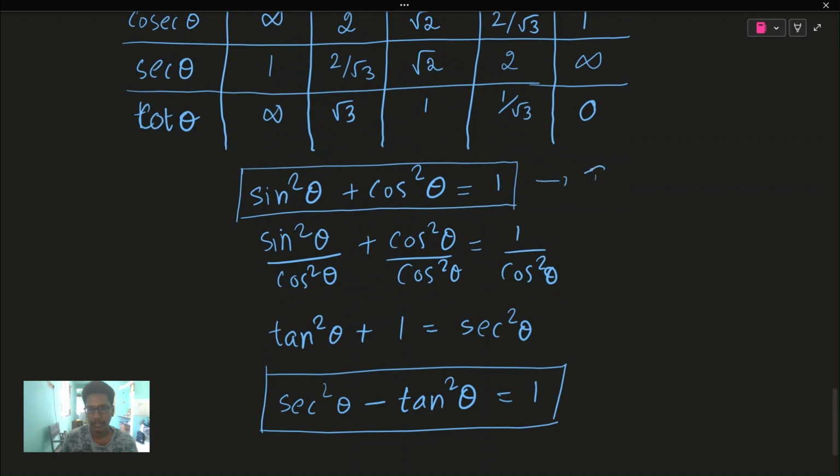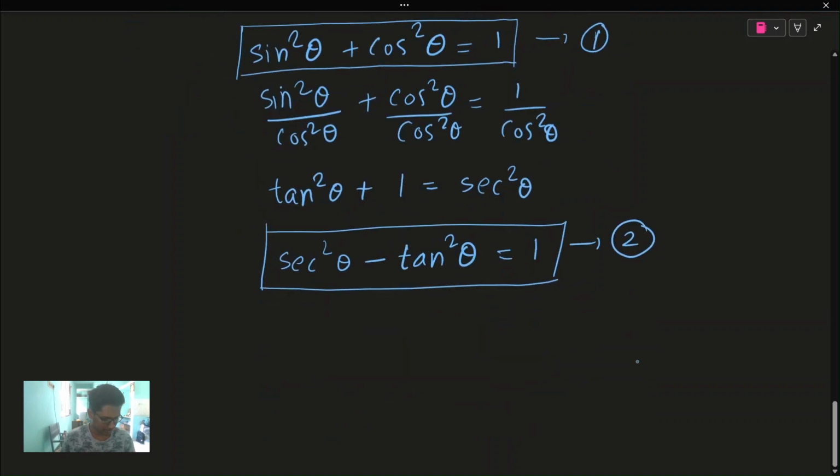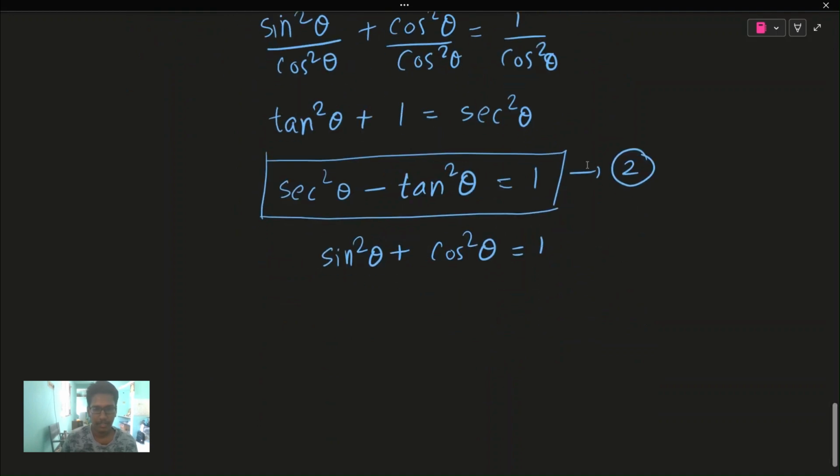Let's put this as relationship number 1. Let's put this as relationship number 2. And there is another relationship which we can derive. Sine square theta plus cos square theta is equal to 1. Let's divide the whole equation by sine square theta.